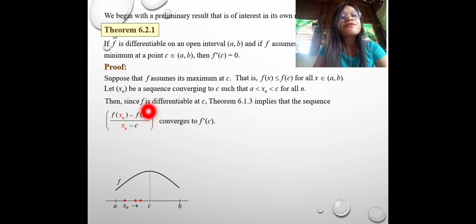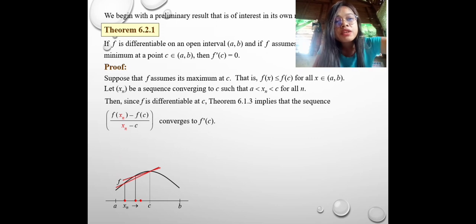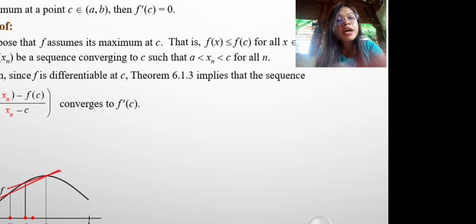Then since function f is differentiable at c, theorem 6.1.3 implies that the sequence of f of x sub n minus f of c all over x sub n minus c converges to f prime of c.